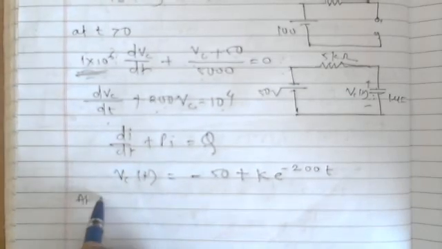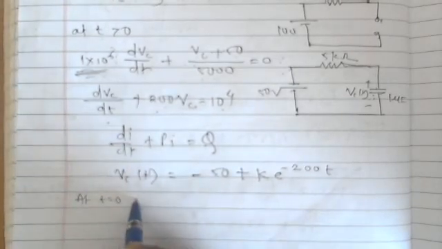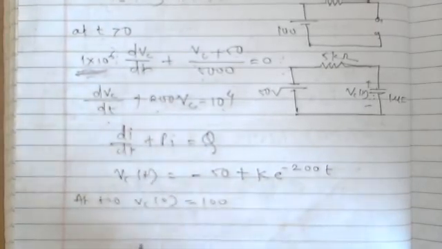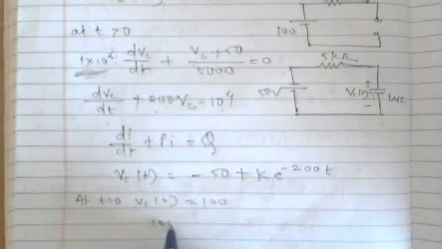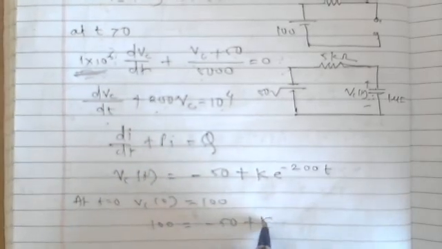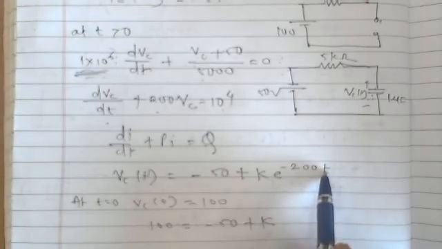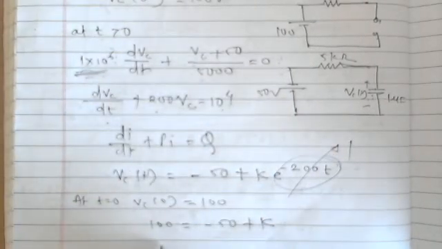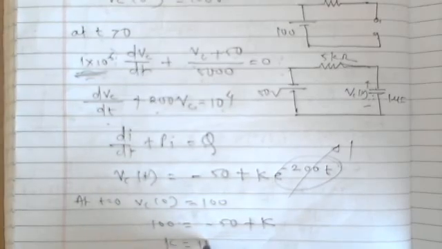Now let's see, at t equal to 0, the capacitor voltage will be 100. So I can say 100 equal to 50 plus k, because when I put 0, the exponential term becomes 1. So k is nothing but 50.